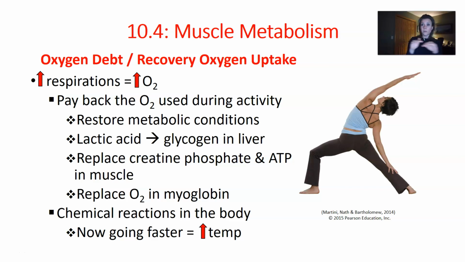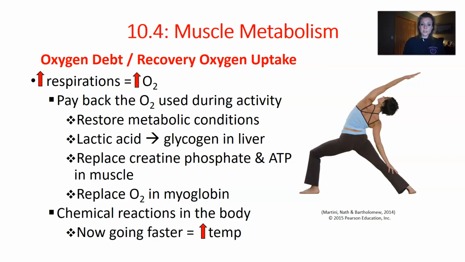They change from normal to something different, higher, while you're actually exercising. And so it's going to require energy in order to get back to normal. And in order to generate ATP, what do you need? You need oxygen. And so your body has to take in more oxygen than what it needs at the baseline, more oxygen than what it needs at rest.